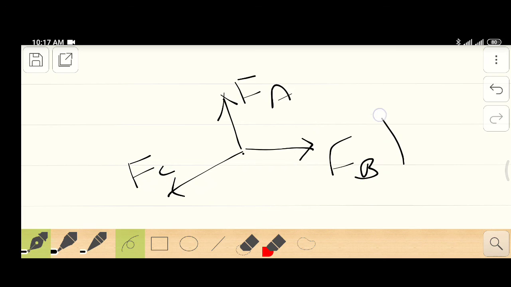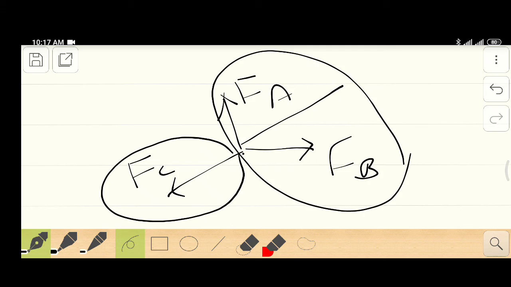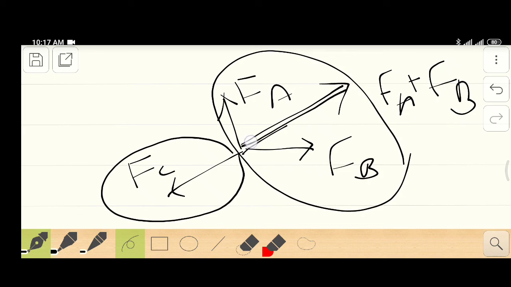That means the vector sum of Fa and Fb will be equal and opposite to the Fc. If you are applying the parallelogram law, the diagonal defines the Fa plus Fb, where you can see Fa plus Fb is equal in magnitude and opposite in direction to the Fc. So in such a case also, the net force at the particular point or the origin will be 0.